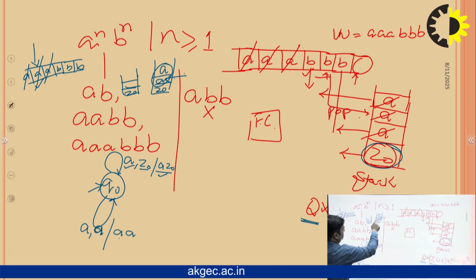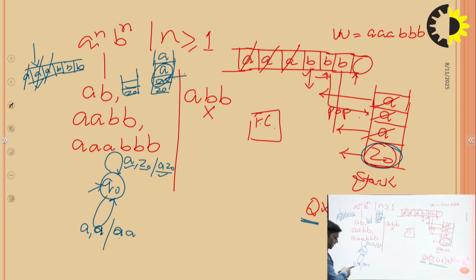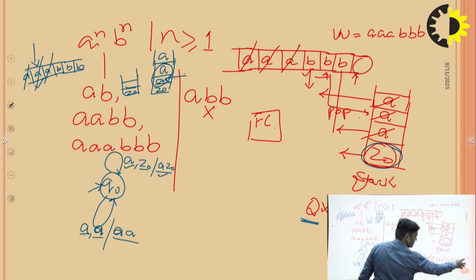This A is also pushed in the stack with this A, and the transition is A comma A, meaning input tape symbol A, top of the stack symbol A, output AA.